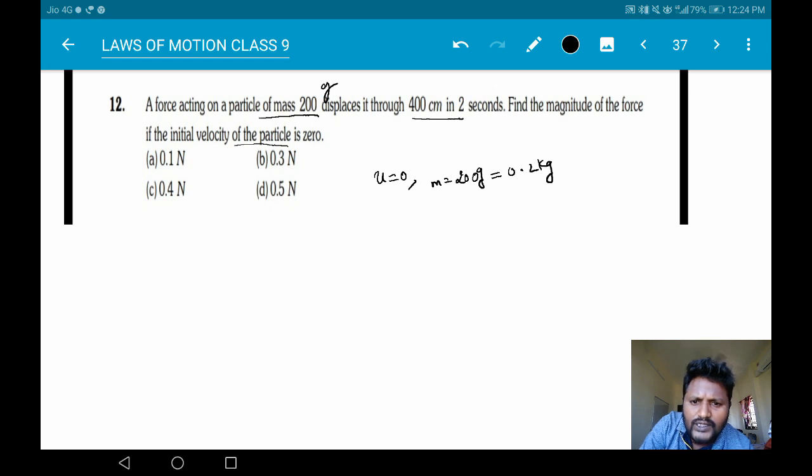Right, next, distance. So how much distance does it travel? 400 centimeter, nothing but 4 meter, and time t equals 2 seconds.